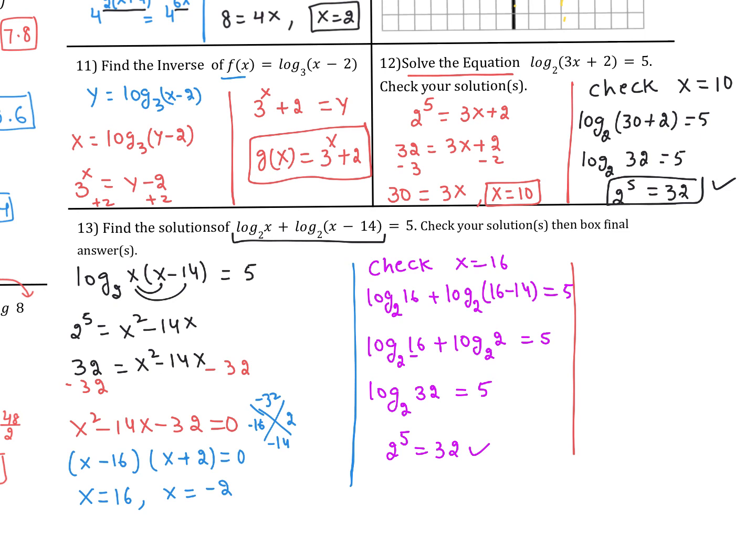If you check x equals negative 2, right away when I put that in as negative 2, I can tell that it's not going to work because it's giving me a negative inside the log and is an undefined equation.